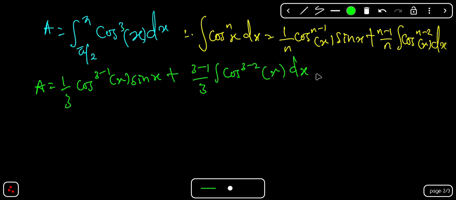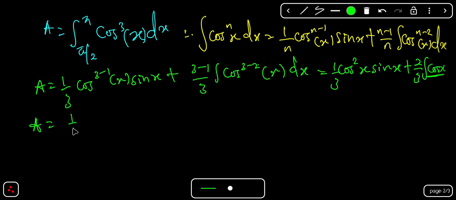So this will now be equal to 1 over 3 cos²x sin x, then plus 3 minus 1 will give us 2, so we have 2 over 3, then the integral of cos x dx, because 3 minus 2 is 1. And if you integrate cos x, that will give you sin x. So we have A is equal to 1 over 3 cos²x sin x, then plus 2 over 3 sin x. So we can apply the limit from pi over 2 to pi.